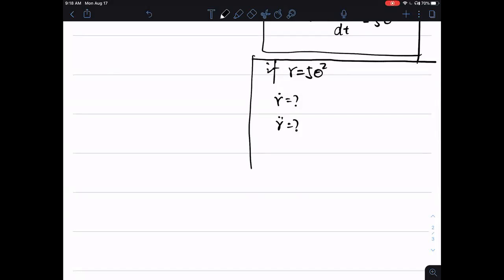What happens if we know r equals 5 theta squared? The only difference is I add a square over there. How would that change your r dot and r double dot? I'll give you a hint: go back to review. What is the product rule you learned?